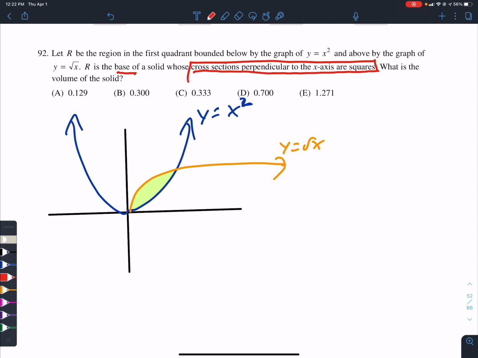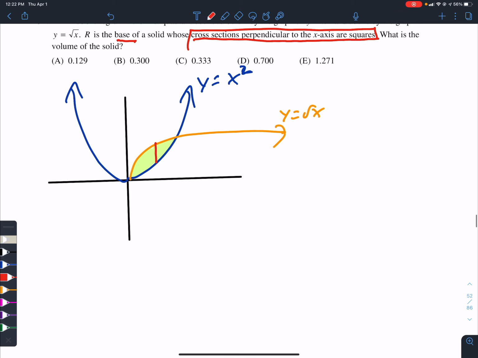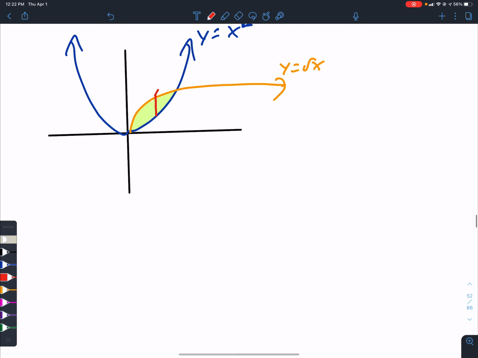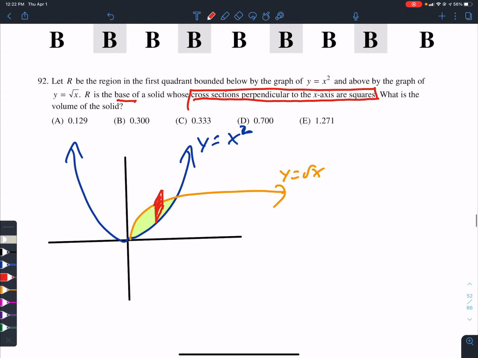So if you were to slice the building across like such, it would come out of the ground and produce a square. Hopefully you can kind of see that. As you go from one side across, you're always going to have little squares.